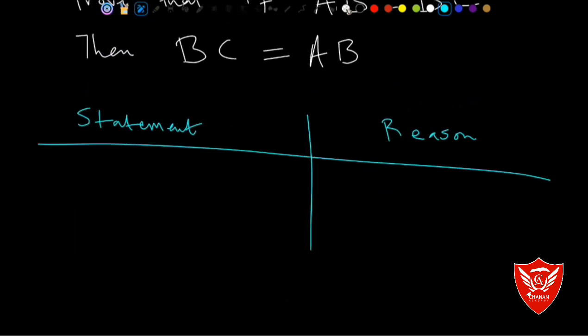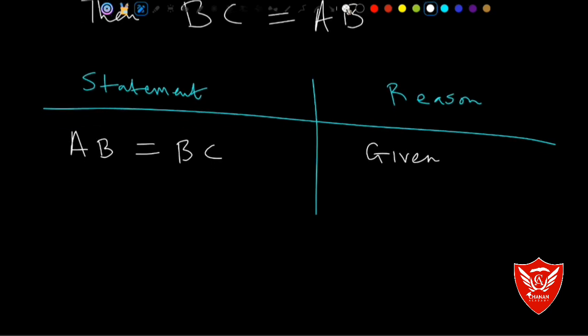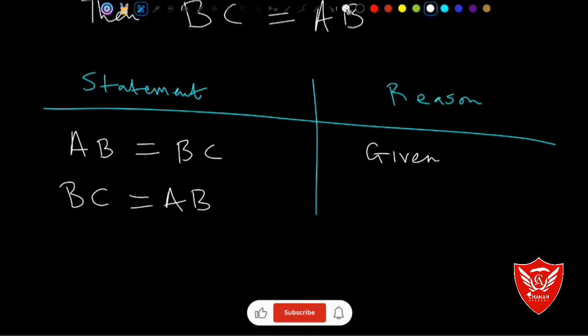So, the first statement that was given is AB equals BC. Now, this is a statement that was given, so it is given. Now, they said you should prove that BC is equal to AB. Now, this is the point to do your thinking, your reasoning. And how do you do that? From what we've been shown, we use a definition, a theorem, a postulate, or a property.